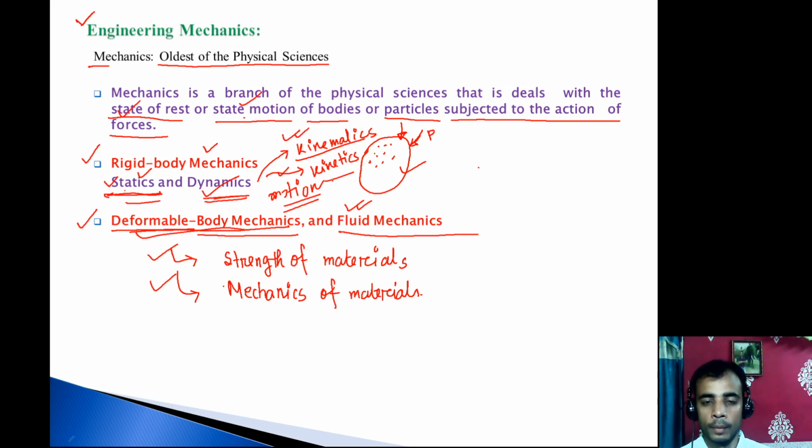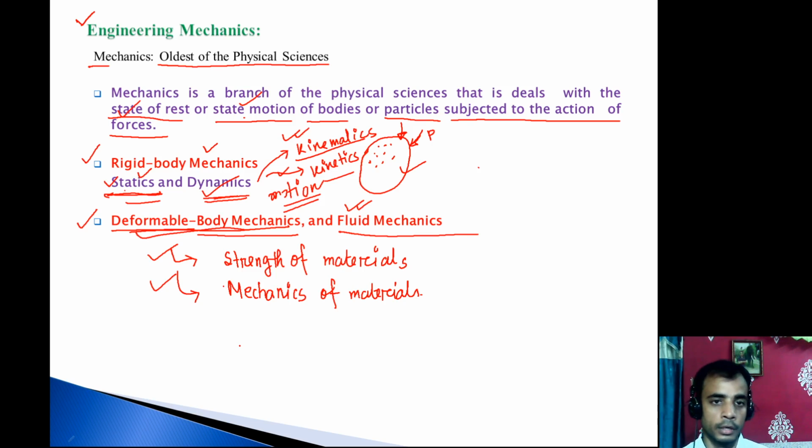But in kinetics we deal with the motion and acceleration along with the forces acting on the body. Clear? That's all about the introduction to the subject of engineering mechanics.